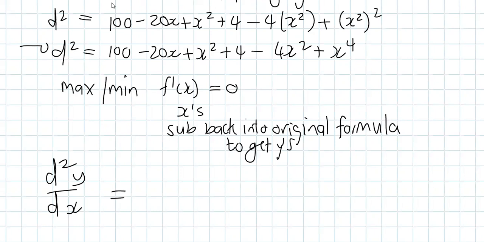This is just the first derivative. So we want to find this thing. Looking at this, I'm going to start with the x to the 4 term and work backwards. The derivative of x to the 4 is 4x cubed: 4 times 1, and then 4 minus 1 is 3.